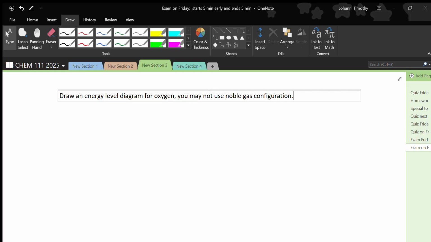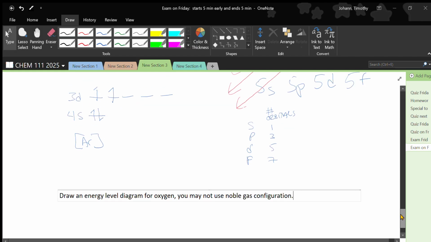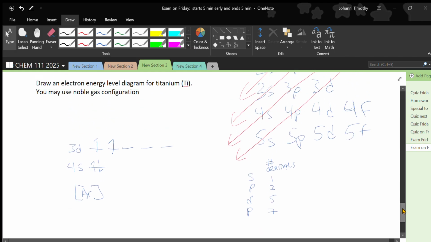You're going to want to start at the bottom of your page, because it's got to go up. How high on the page represents how high the energy is for the levels. I drew these vertically. This is more energy than that. So you need to do that. That's part of it.